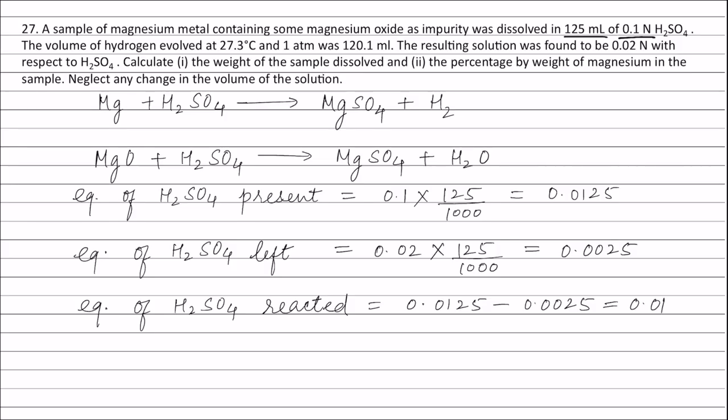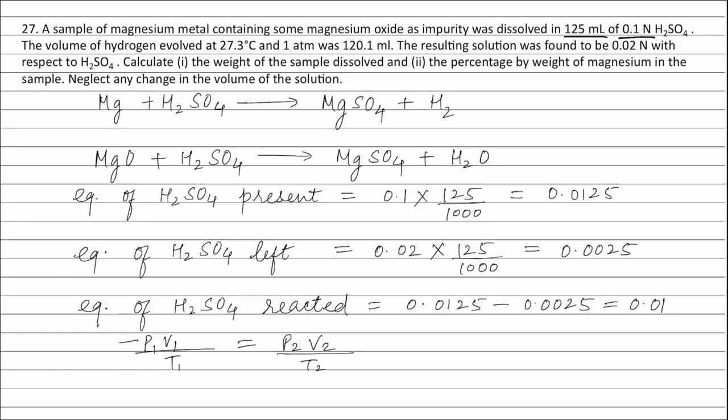Now, applying the equation, P1 V1 by T1 is equal to P2 V2 by T2, where P1 is the given pressure, V1 is the given volume, and T1 is the given temperature, and P2, V2 and T2 are pressure, volume and temperature at standard conditions.